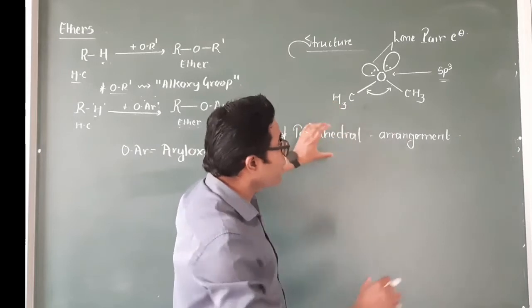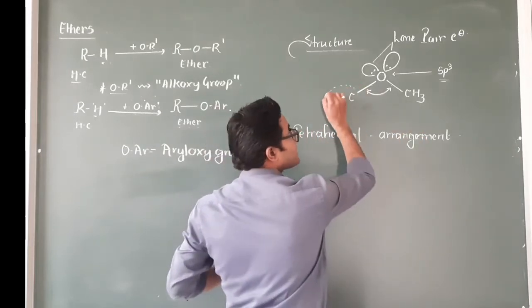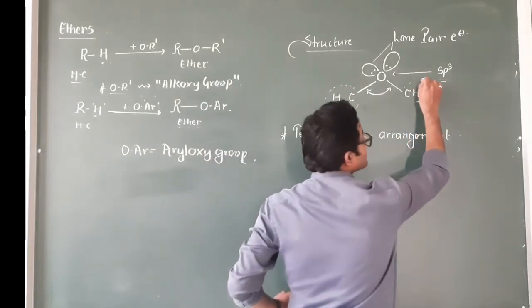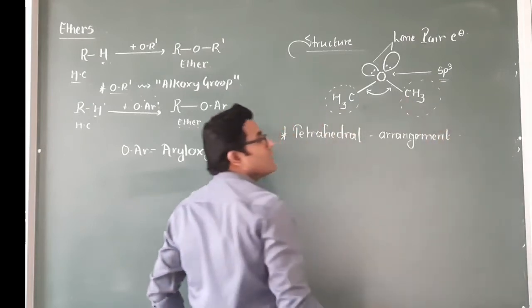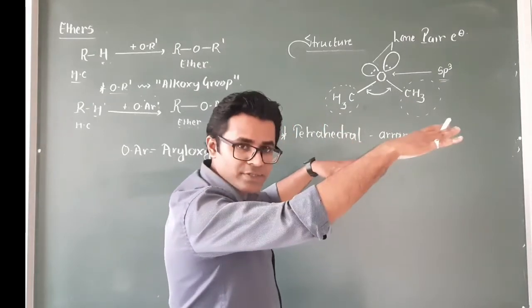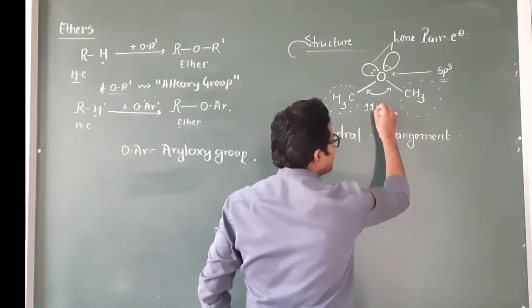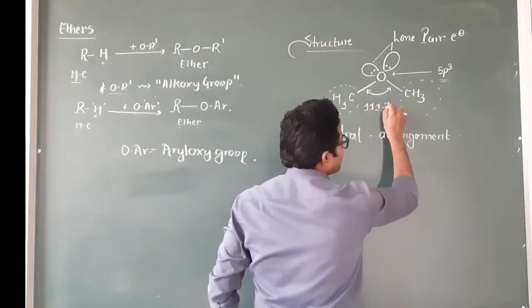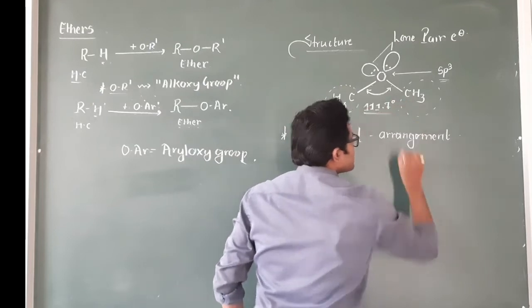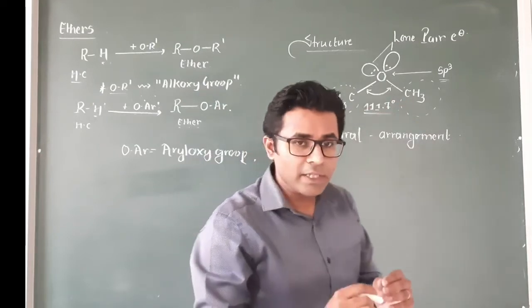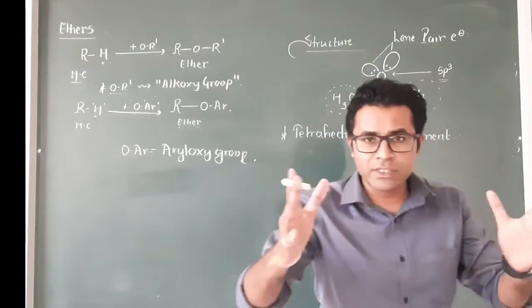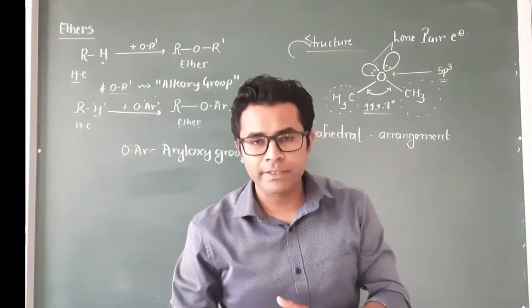But here, because of the repulsion between the bulkier alkyl systems or the bulkier groups, this particular angle increases. It increases up to 111.7 degrees. So the tetrahedral angle here has increased up to 111.7 degrees.